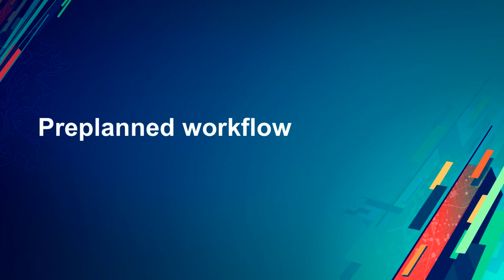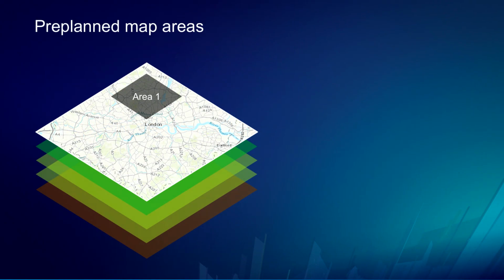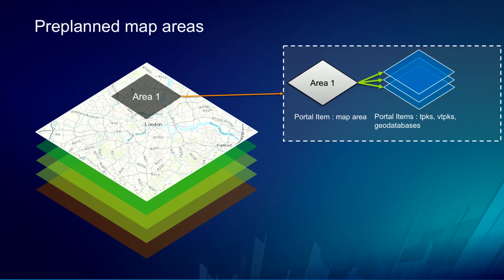All right, so one of the things that we've introduced recently into the platform is something that we call pre-planned workflows. This is where we author a map and then are able to define specific areas as part of that map. And after those areas are defined, we then, in the back-end services, package that data up.